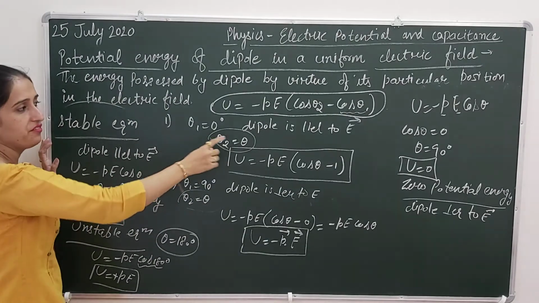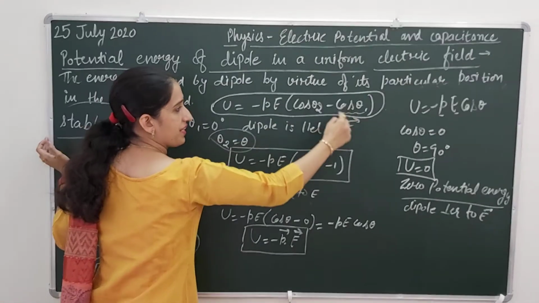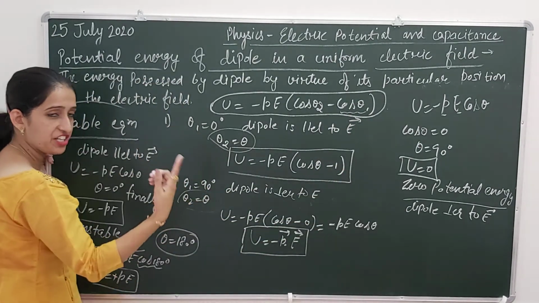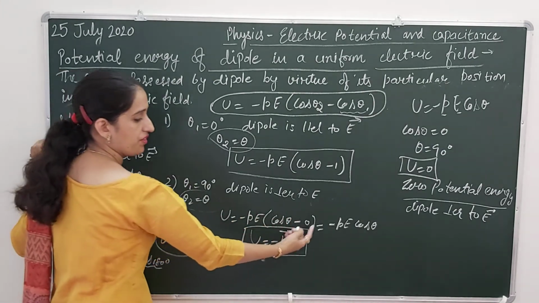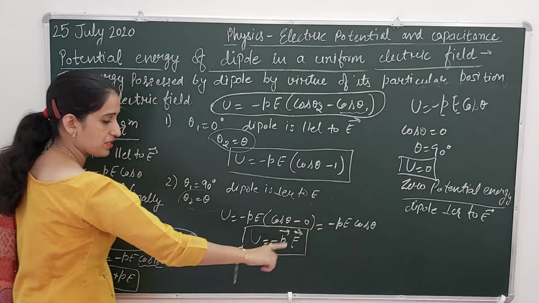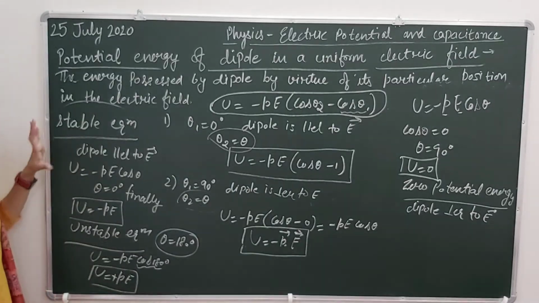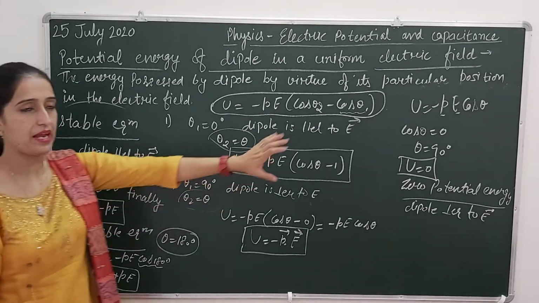First condition, when the dipole was initially parallel to the electric field, theta will be 0, and this will become 1. Second condition, when initially the dipole was perpendicular to the electric field, this will become 0, since cos 90 is 0.